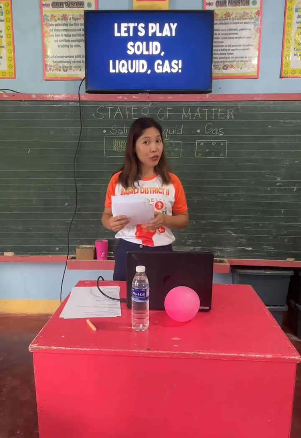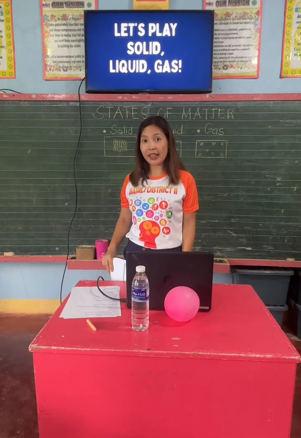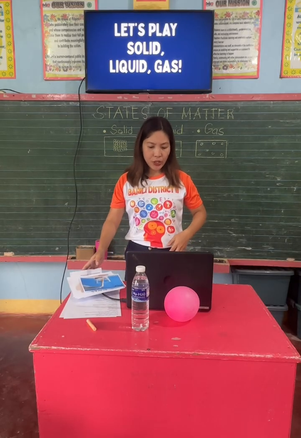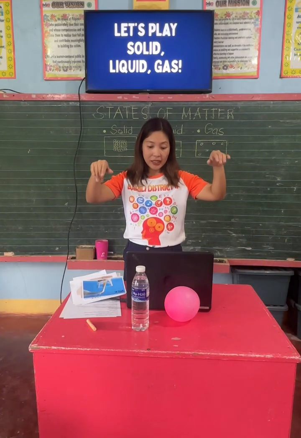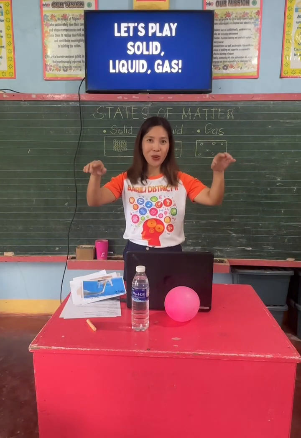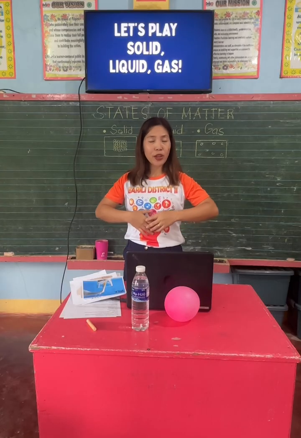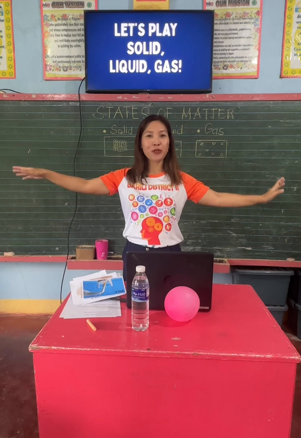If the answer is solid, you are going to stand still like a statue. And if the answer is liquid, you are going to move your arms slowly like flowing water. And if your answer is gas, you are going to spread your arms wide and move freely.